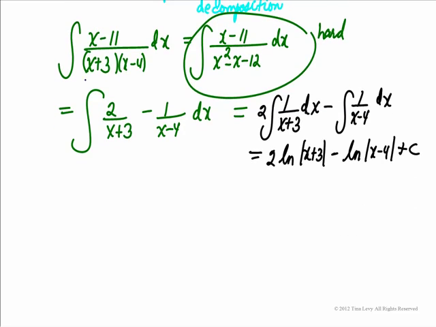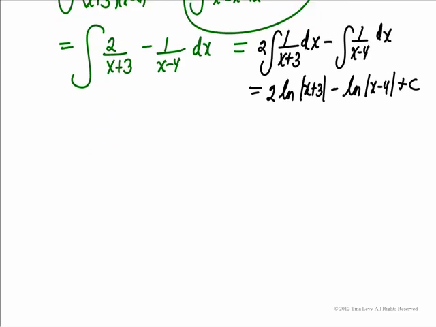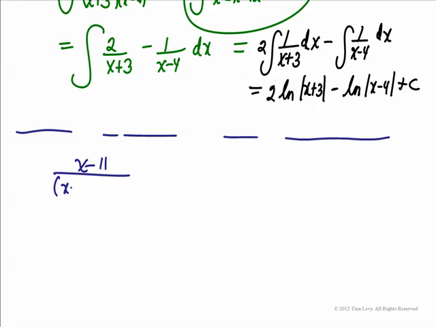Let's assume you did not know the answer to x minus 11 over x plus 3, x minus 4. We're going to start with x minus 11 over quantity x plus 3, x minus 4. If we think about this, this came from adding two fractions.